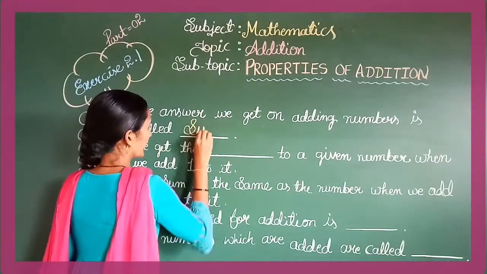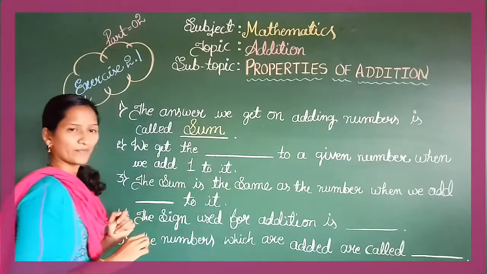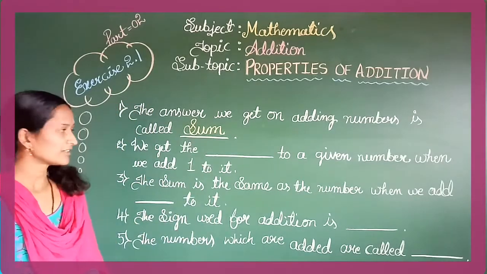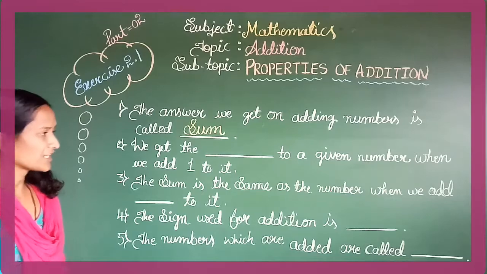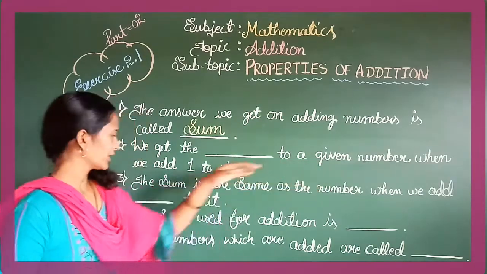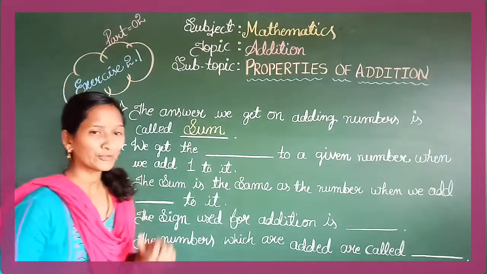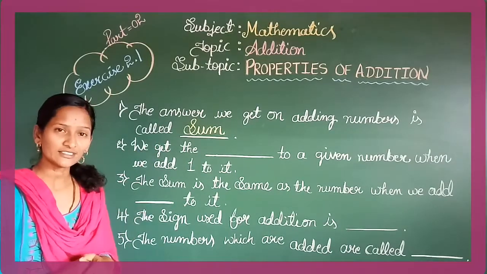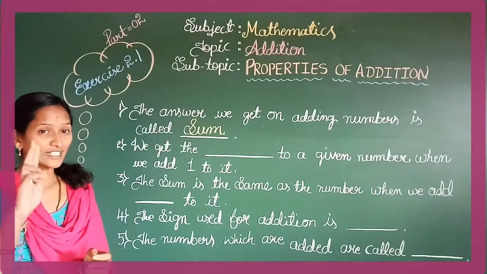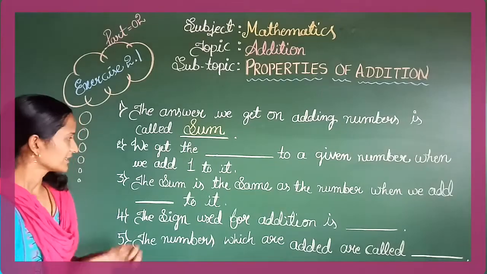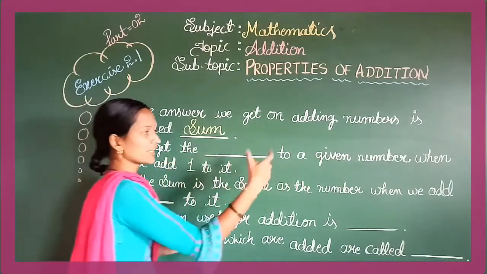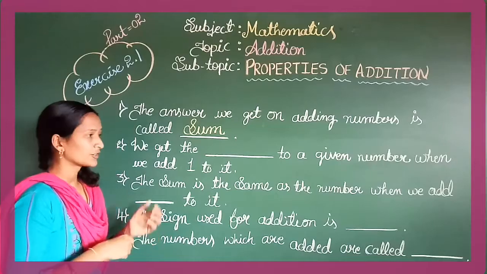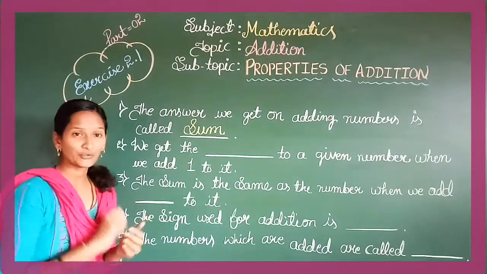Right here, S-U-M, sum. Now come to the second one. We get the dash to a given number when we add 1 to it. Yes, students. So which property is it? It is the second property, right? We get the dash to a given number when we add 1 to it.